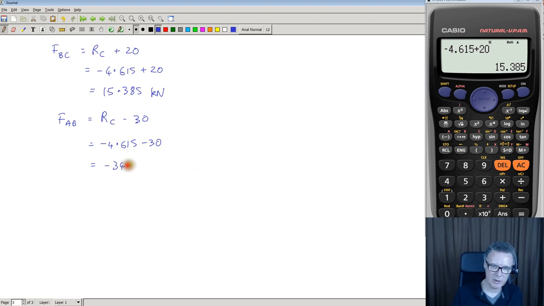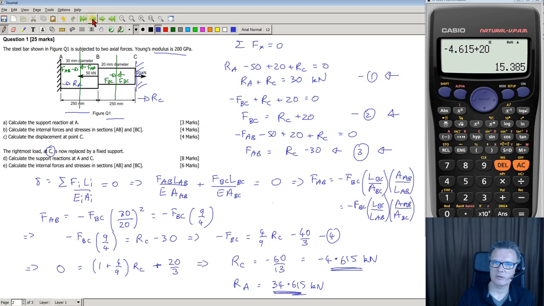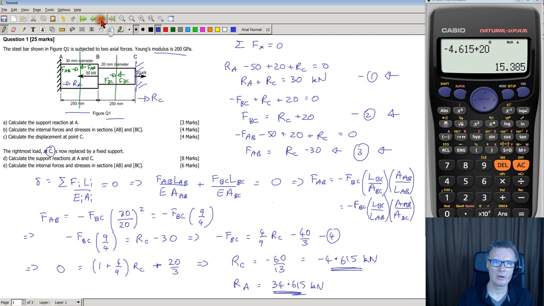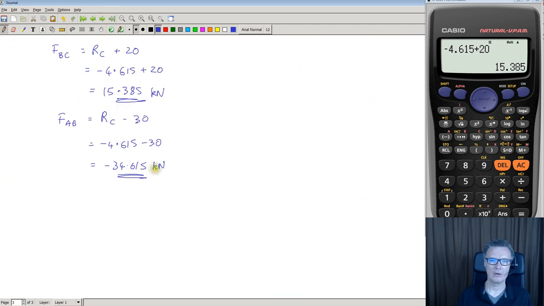Minus 34.615 kilonewtons. So that was easy. How does that compare to previous results? Yeah, it's getting really hot. Okay, so previously we had a 20 and a minus 30. Now 15 and a minus 35. So similar.